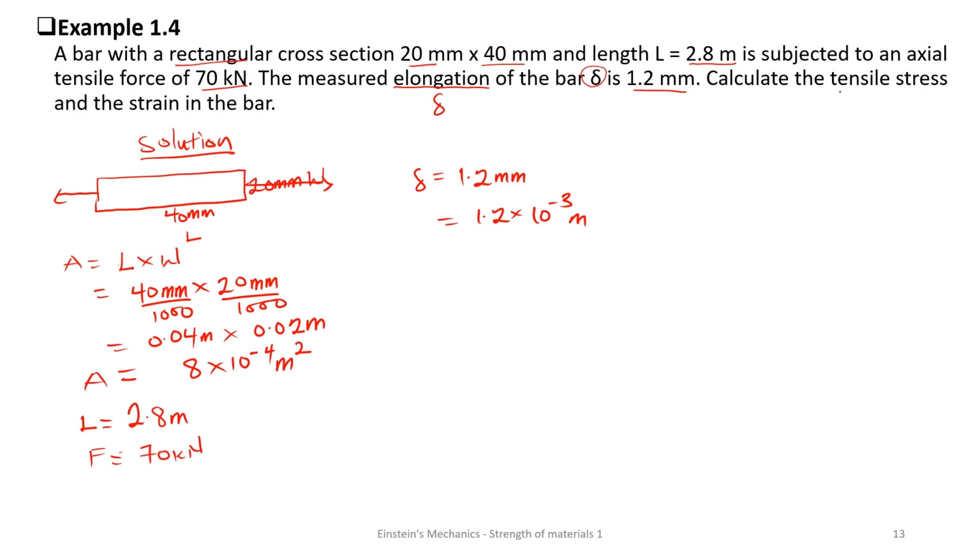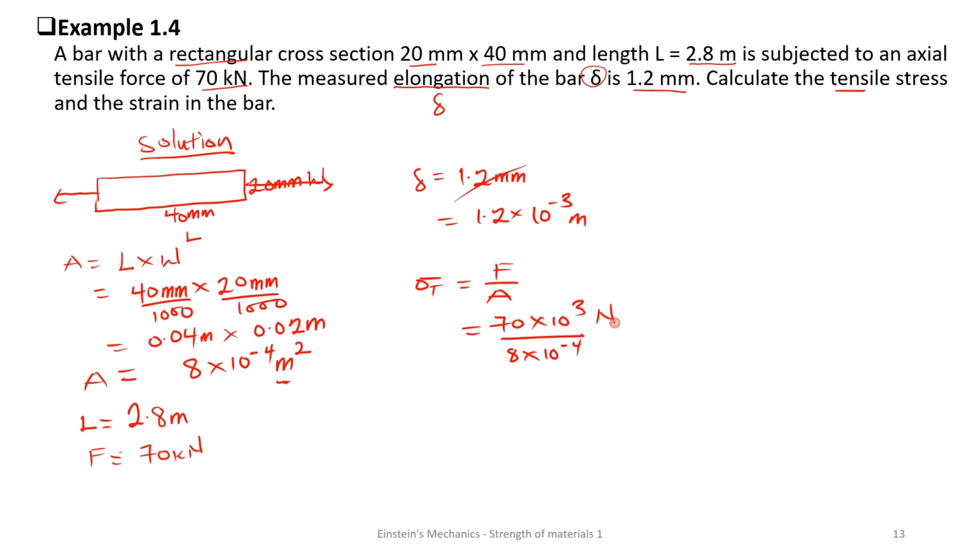So let's calculate the tensile stress. It is very simple. The tensile stress is the force over the area. From the question, we have a 70 kilonewton force, which is 70 times 10 raised to the power 3, over the area, 8 times 10 raised to the power negative 4.